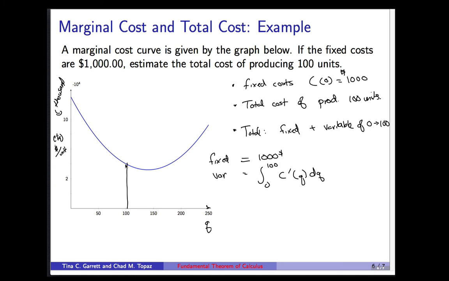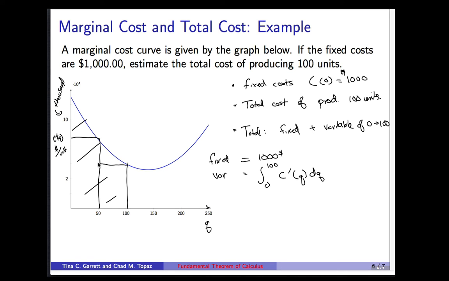The best we can do here is some estimating, and there are a lot of methods you can use. We've done a whole bunch of different ways of estimating areas. You could use some rectangles. What if we used a couple rectangles here and used the right-hand sum?